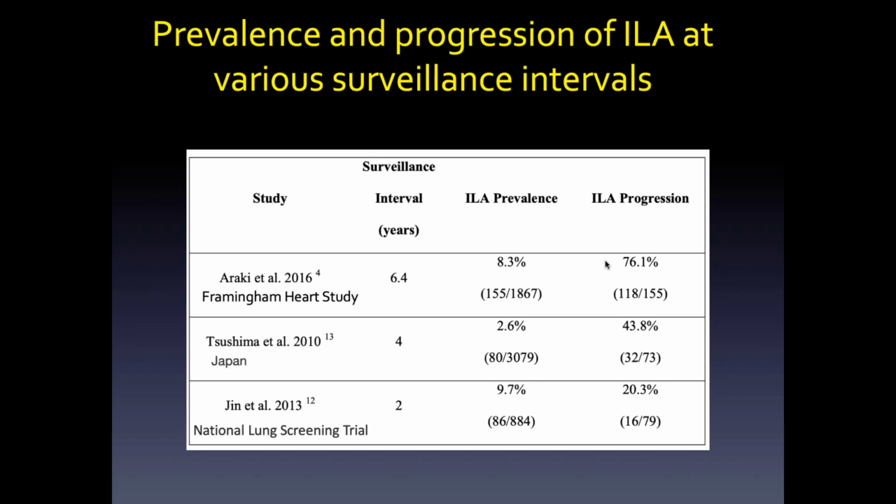The patients with ILA tend to progress with time, as we can hypothesize. So if you follow up these patients, at least a subgroup tend to increase the extent of abnormalities in the lung parenchyma.